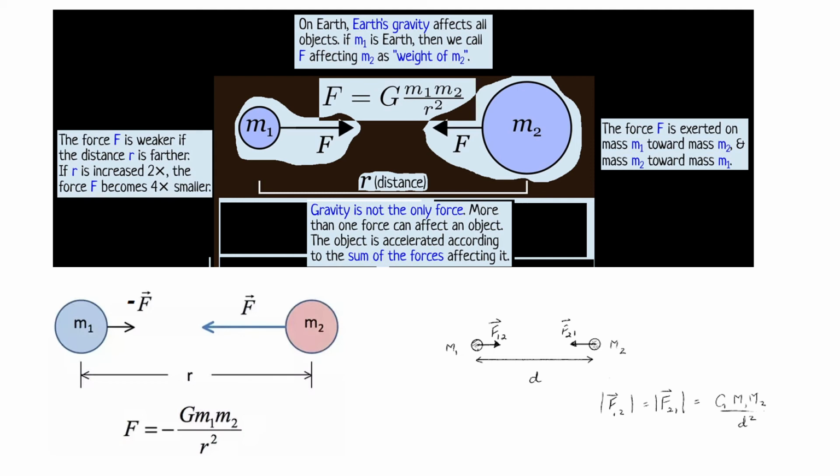On Earth, Earth's gravity affects all objects. If M1 is Earth, then we call F affecting M2 the weight of M2. And gravity is not the only force. More than one force can affect an object. The object is accelerated according to the sum of the forces affecting it. So this is just the resultant force, F equals ma, where F is the resultant force.